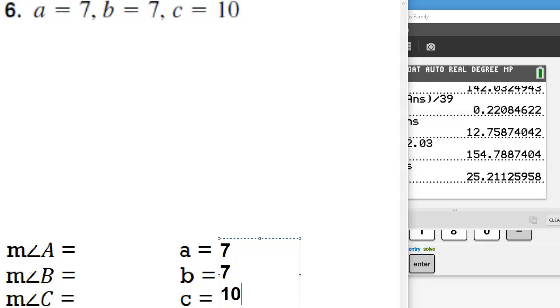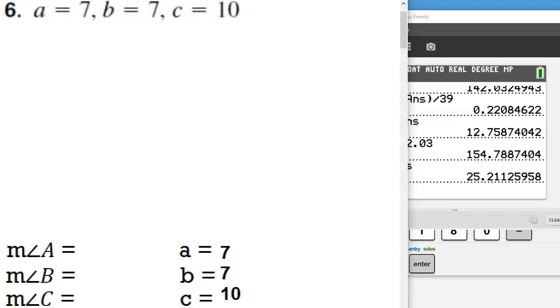Well, we've talked about how if you have two of the same side, then you're going to have two of the same angle. So what that really tells me is we don't have to do that much work here.